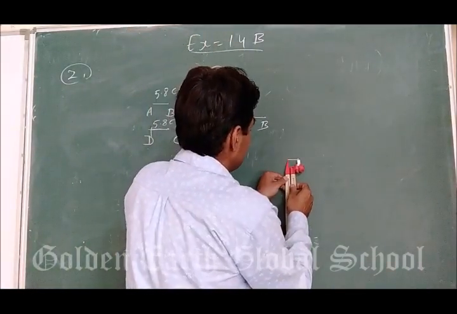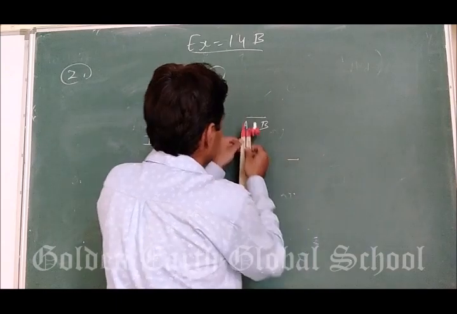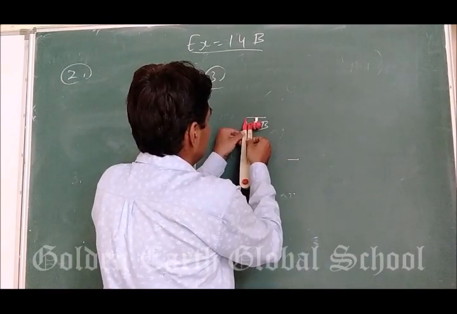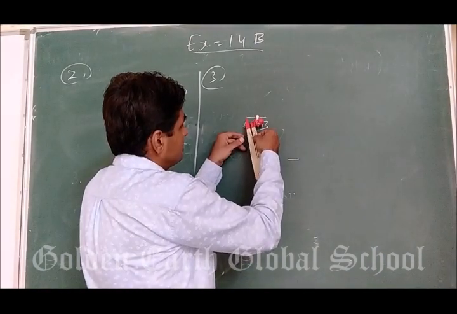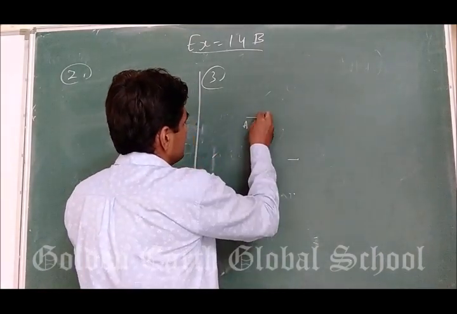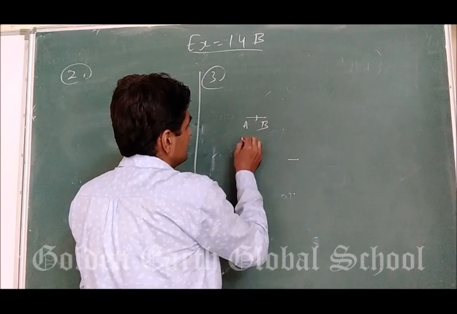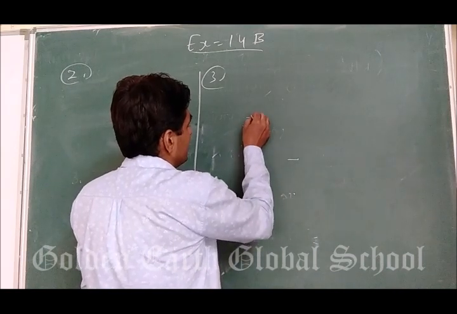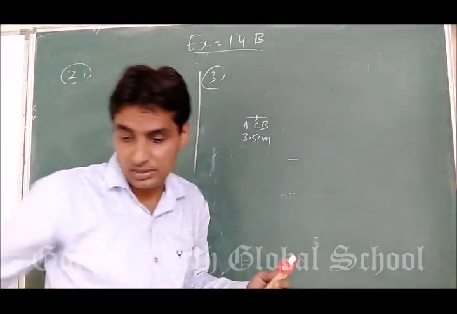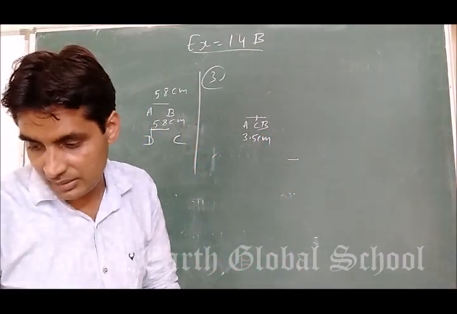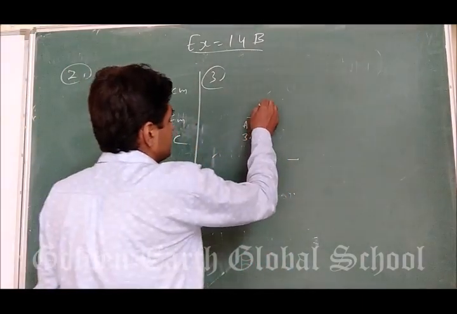You have to measure. So this is AC. So similarly you put the needle on A and cut C point. Okay, so this is C point bete. So this is 3.5 centimeter and AB is 6.7 centimeter.